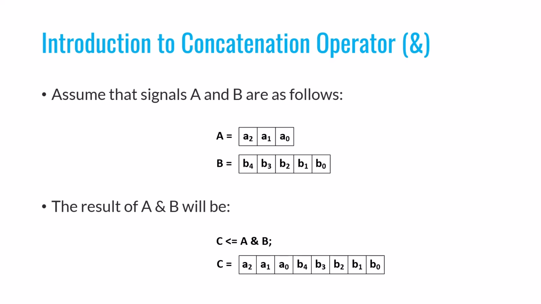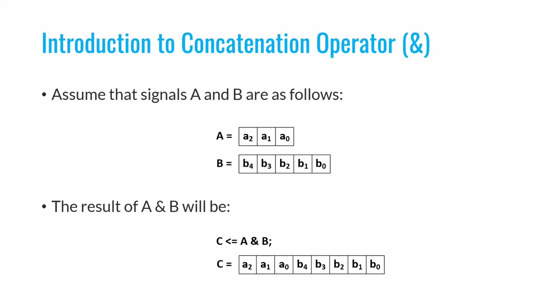If we use the assignment C is assigned A ampersand B, the value assigned to signal C will be the combination of B0 through B4 followed by A0 through A2.